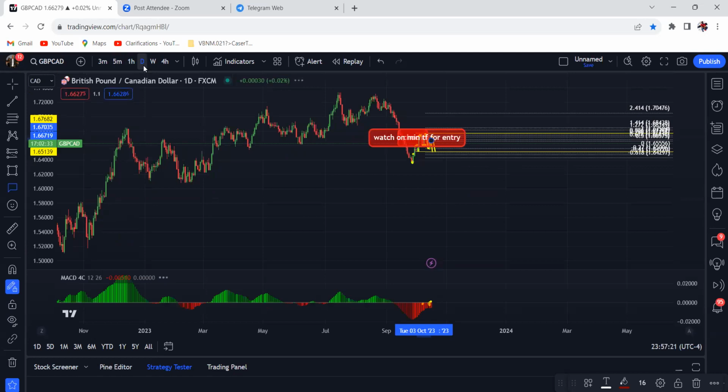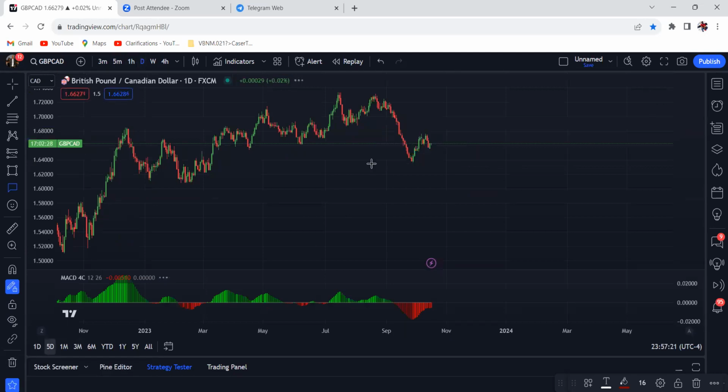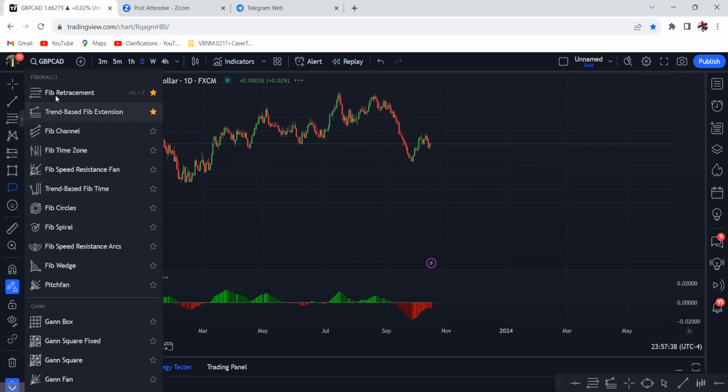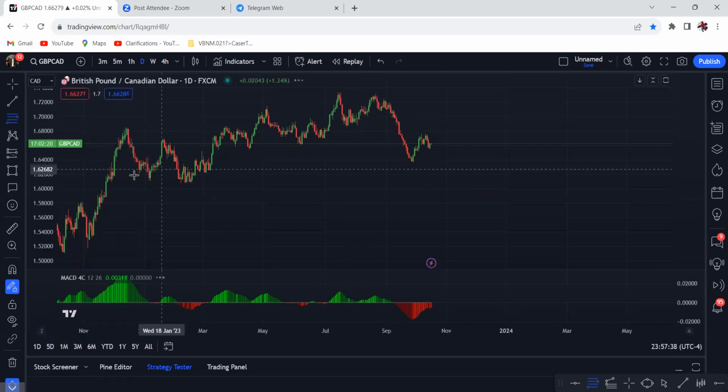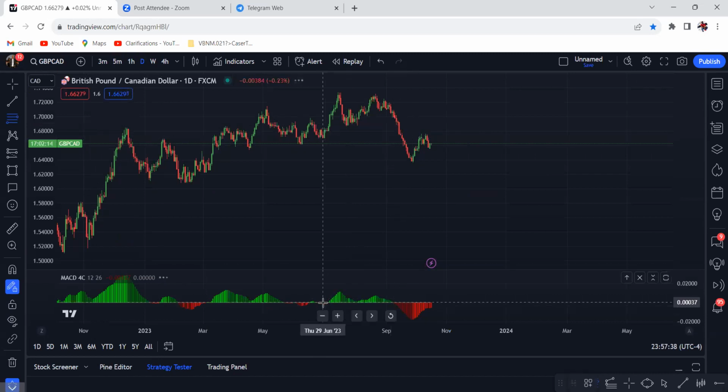All right. So if I'm looking at this from a bigger time frame perspective, again, if I wanted to add the Fibonacci tool, we were going up, then price broke. Look at this bearish wave compared to the previous bearish wave. So we broke, so we're going down.